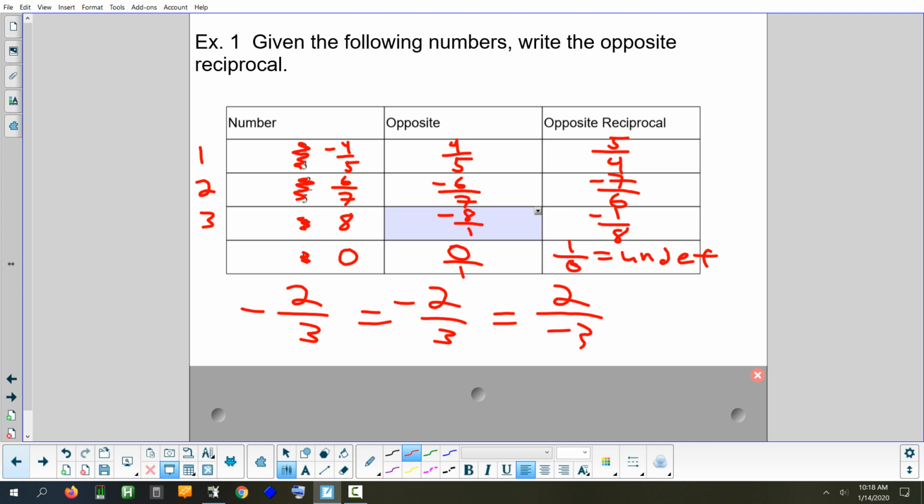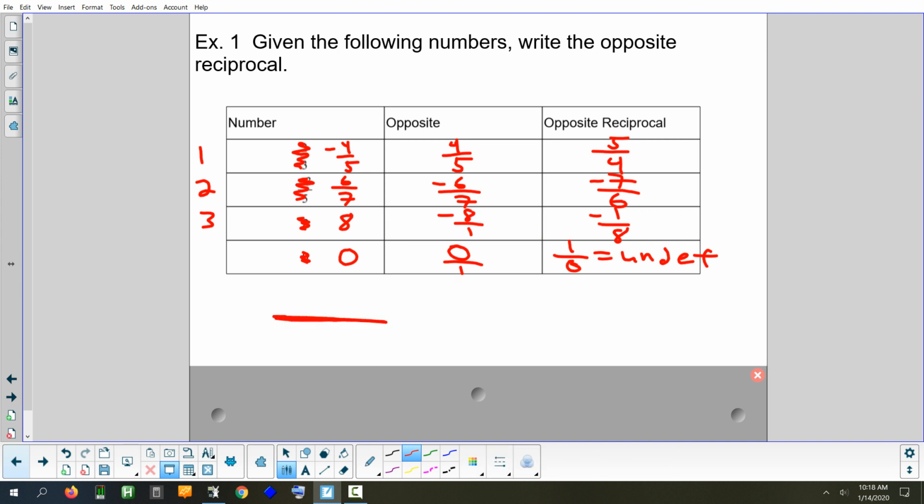Yeah, Lucas. So this one with a slope of 0, if you had a slope of 0, it would look like this. It's perfectly horizontal. Now, think about undefined. Undefined has to be a line that would be perpendicular to that. So what line is perpendicular to a horizontal?